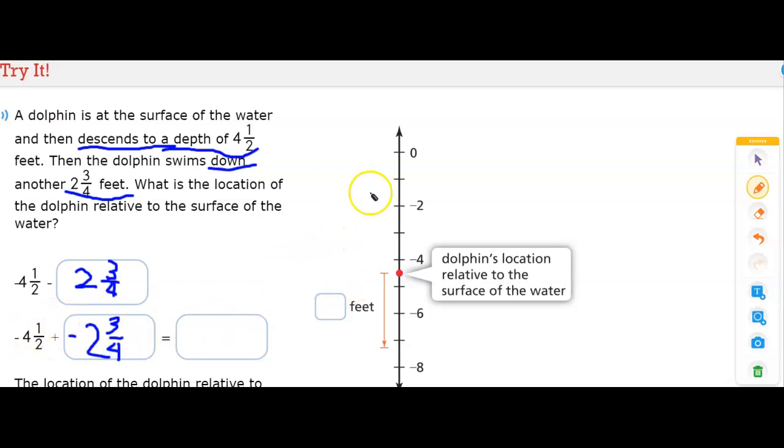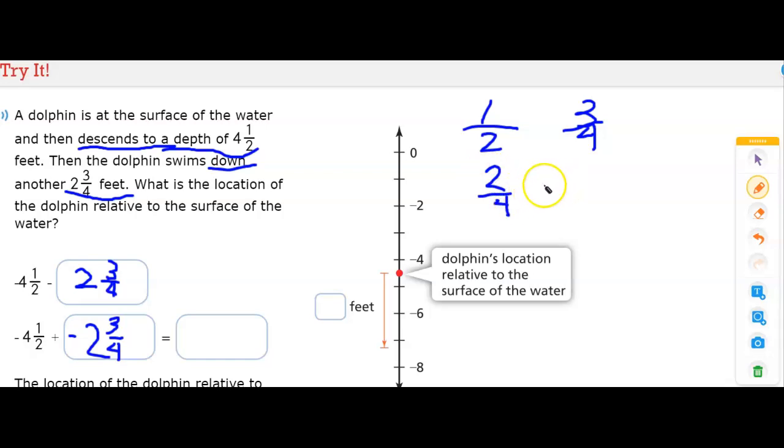When you have fractions, we know we need to have the same denominator. So we have 1/2 and 3/4. The common denominator is 4, so 1/2 becomes 2/4.